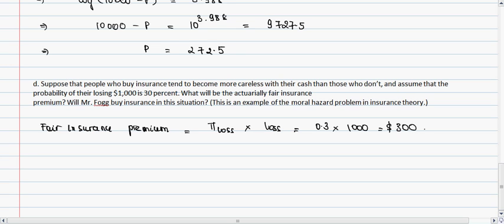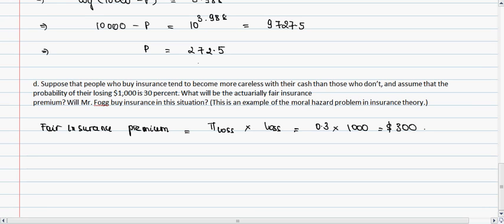Okay, so we already found earlier that the consumer will only be happy to pay up until the price equal to 272.5. He doesn't care about being more careless, that is going to increase the chance of losing.